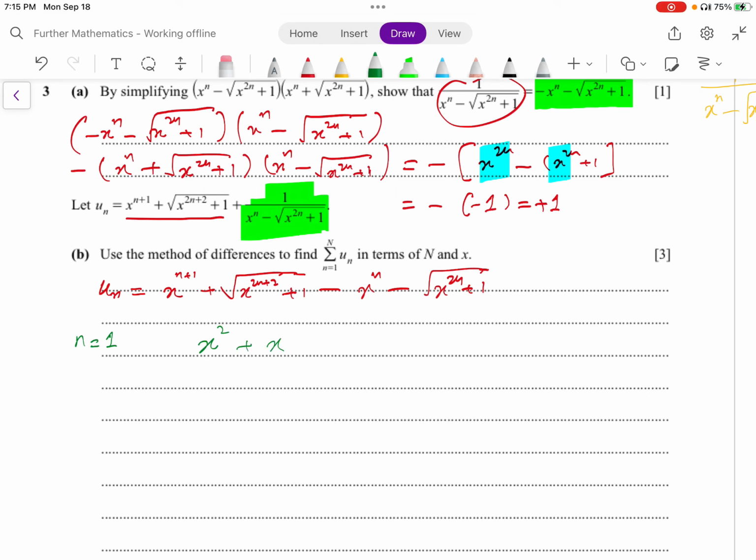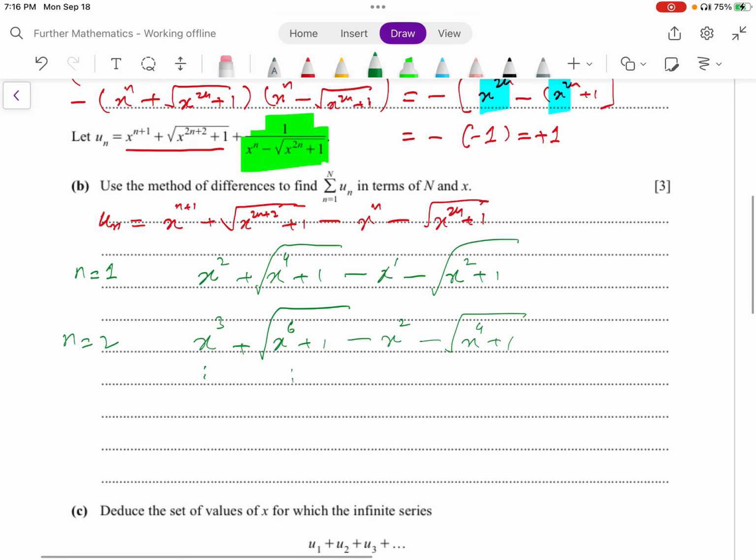When we plug in n equals 2, we'll get x to the power 3 plus the square root of x to the power 6 plus 1, minus x to the power 2 minus the square root of x to the power 4 plus 1.